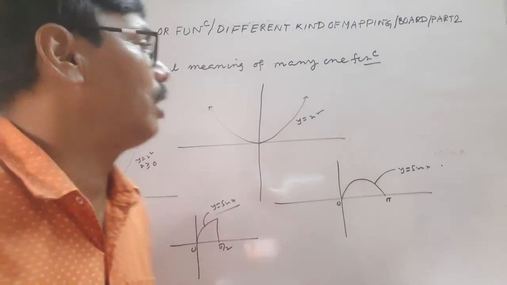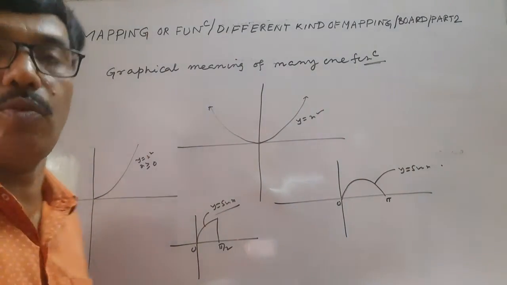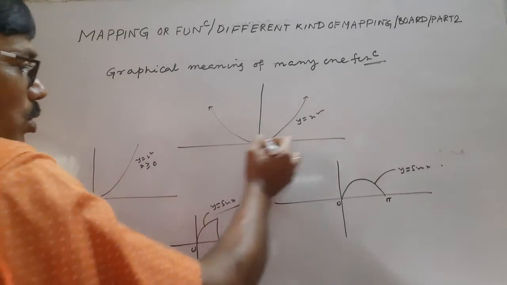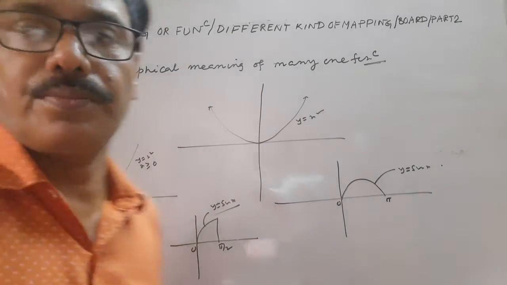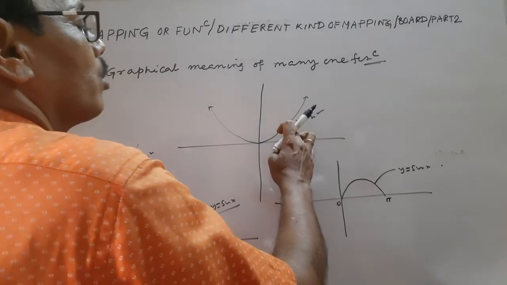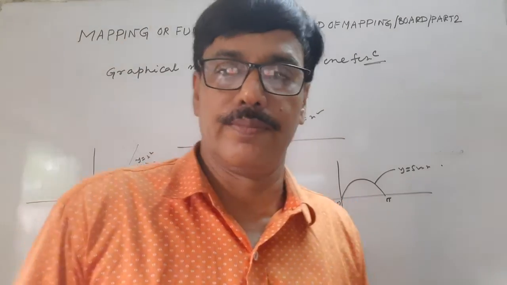Now the graphical meaning of many one function. Now look, y equals x square. This is a parabola, you know. This is many one also. f of 1 is 1, f of minus 1 is also 1. So this is many one.